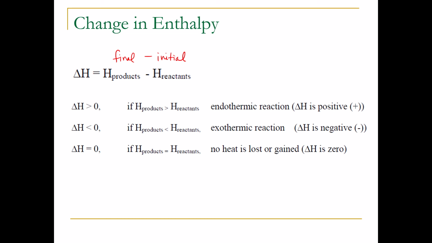Enthalpy is the same idea, our state function. We only need to know the enthalpy of the products and the enthalpy of the reactants to determine our delta H. We can subtract. Now, if you remember, heat was a path function, not a state function. But delta H is going to be a state function. And we're going to talk about what the difference is.